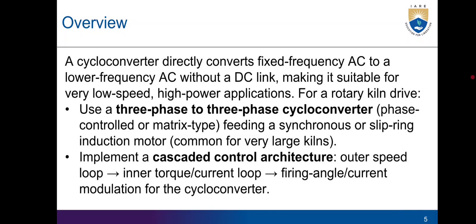For rotary kiln drives, use a three-phase to three-phase cycloconverter, phase controlled or matrix types, feeding synchronous or slip ring induction motors, common for very large kilns. Implement a cascade control architecture: speed loop, inner torque current loop, firing angle and current modulation for the cycloconverter.